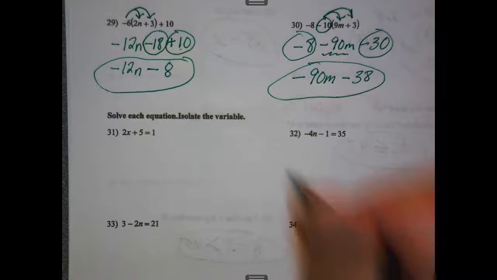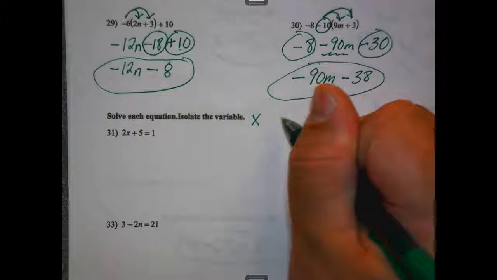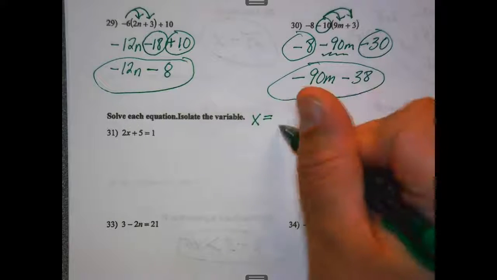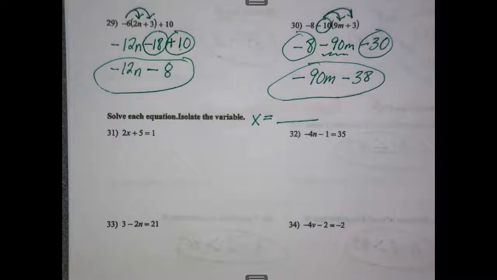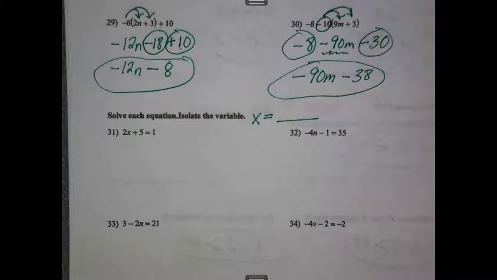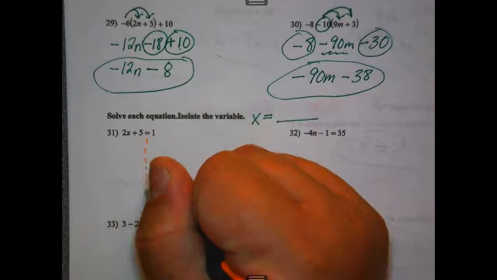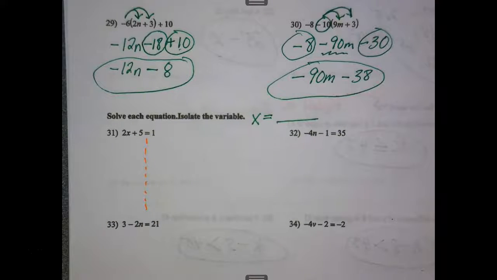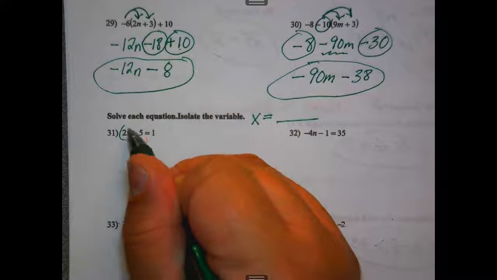Isolate the variable. That means I have to get x on one side, or whatever variable they are asking for, and everything else on the other. Okay, we did some simple one-step homework problems. These are 2-step. So I have to get this term by itself.